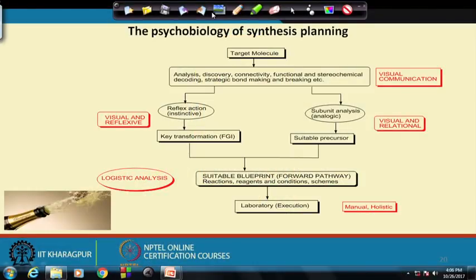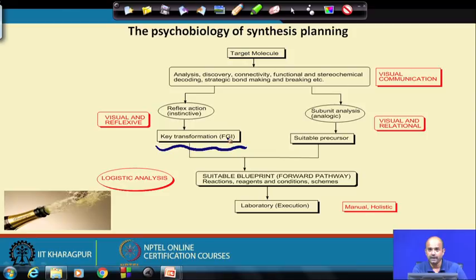Now, these things are your visual communication. As I said, you see the molecule first and then you start visual communicating. It is a reflexive action, and then you need to figure out what the key transformations are. What are the key transformations? The term is called FGI. FGI, we will be abbreviating it later on, is called functional group interconversion.